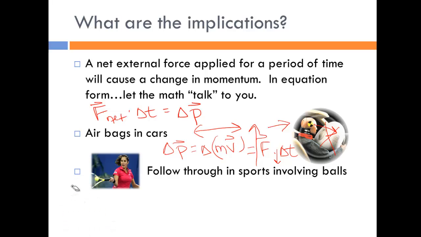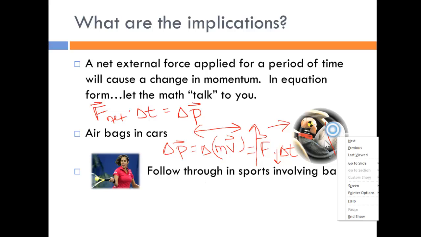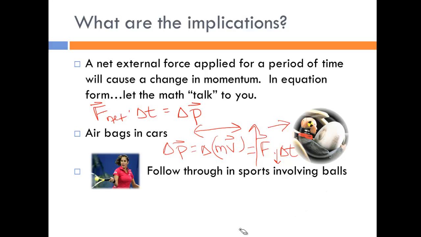However, let's go ahead and erase the X's that I put through the steering wheel. So if I keep that airbag in place, then here's what's going to happen this time. Now that driver's head, instead of impacting a very hard surface, is going to impact a surface that does have a bit more give than a steering wheel.